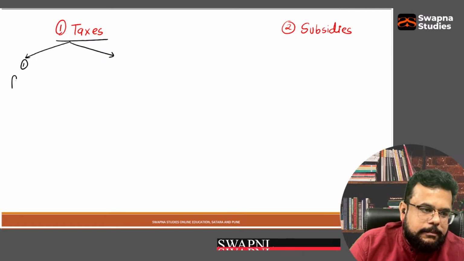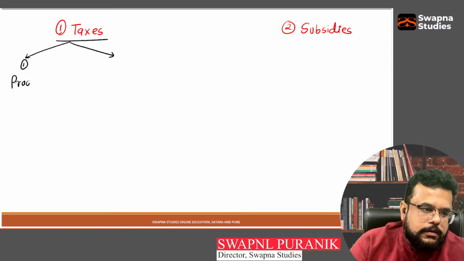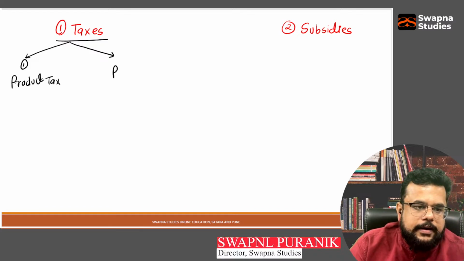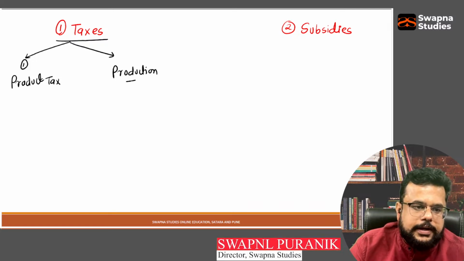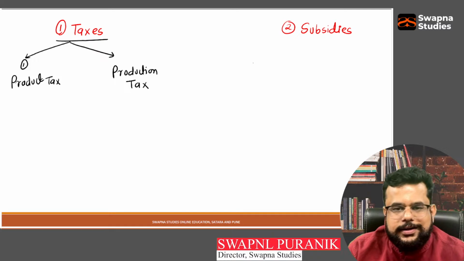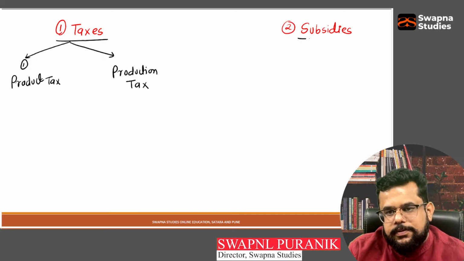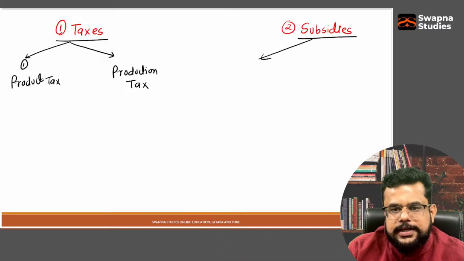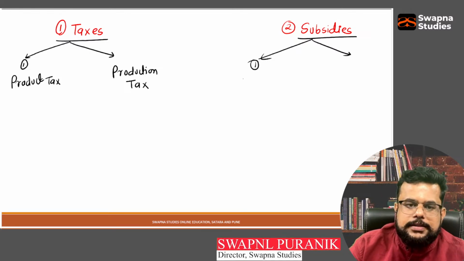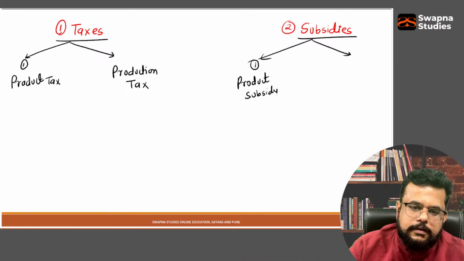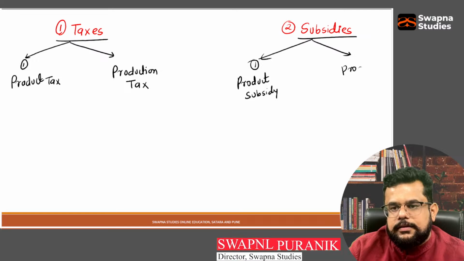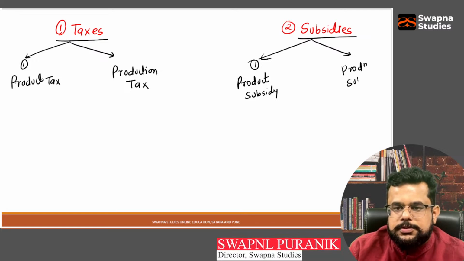One is product tax and production tax. And there are two types of subsidies: one is product subsidy and production subsidy.